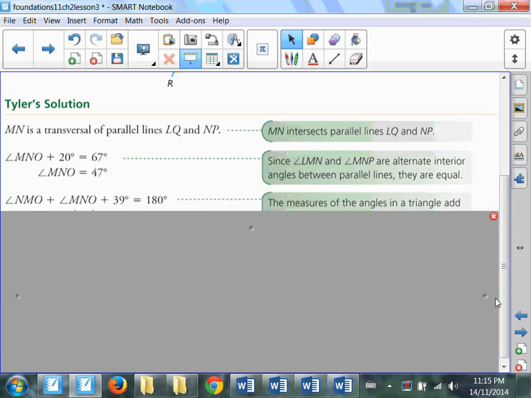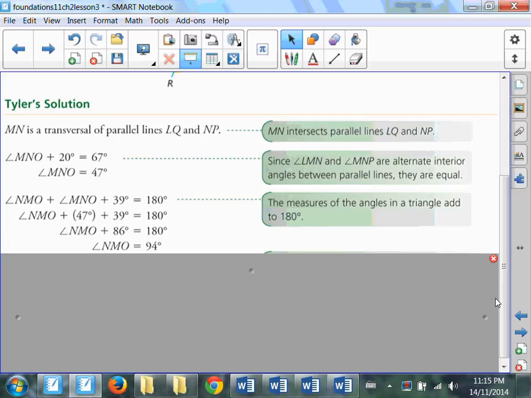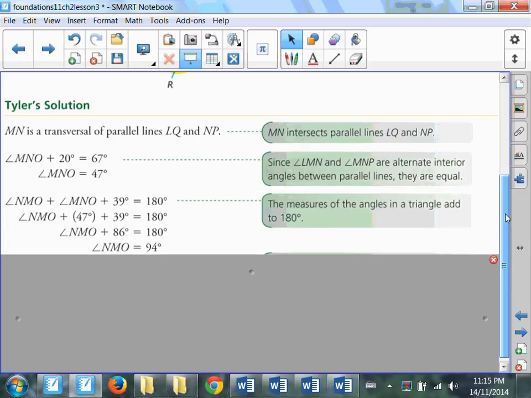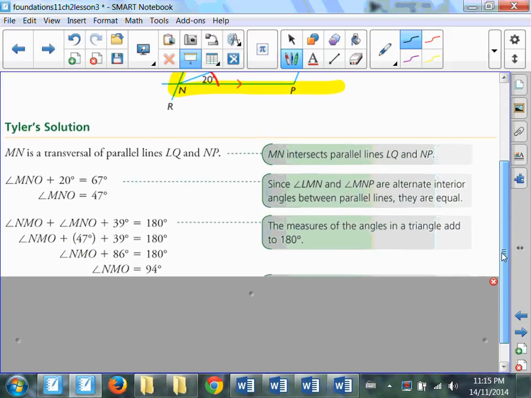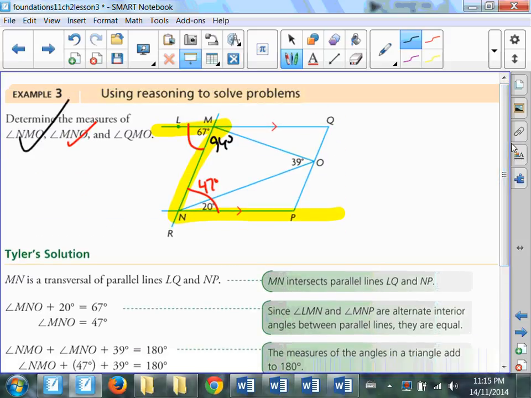Then we know that looking in the triangle, we can find that NMO is going to be 180 minus the sum of the two angles in a triangle. So that's going to be 94 degrees, using the sum of the angles in a triangle. So NMO is done.